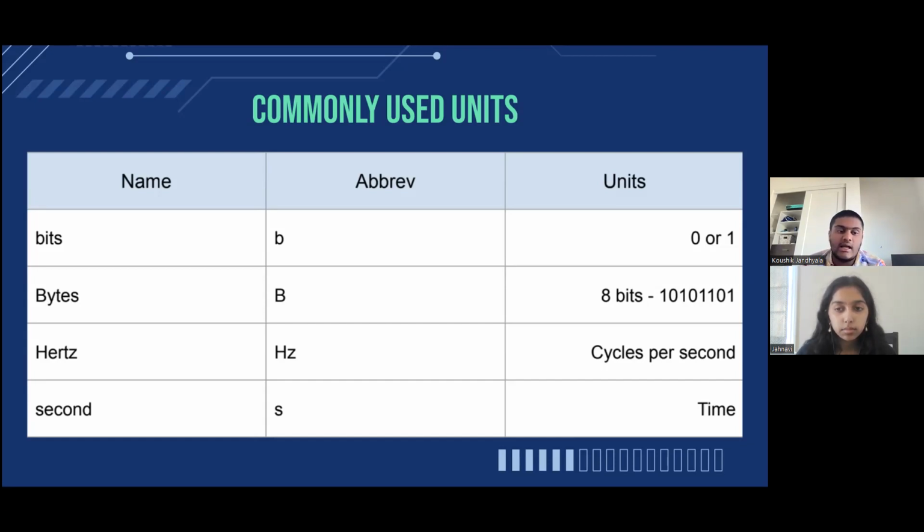A hertz is a unit of measurement that entails cycles per second, or how fast something spins per second. And the most common measurement for time in computer science is seconds.